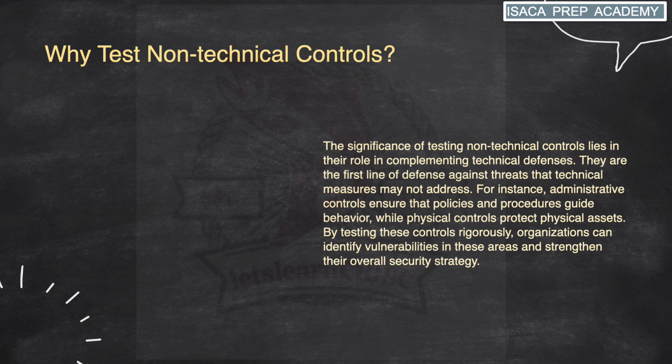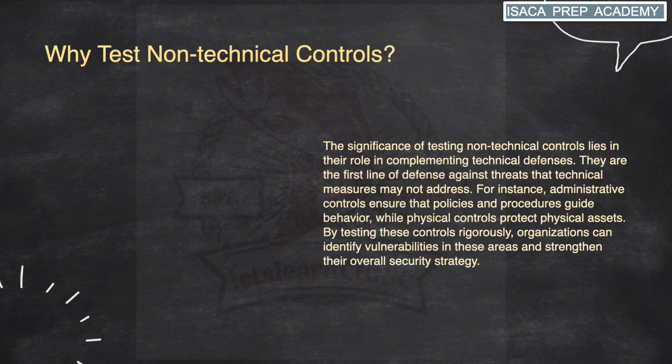Friends, testing physical controls helps organizations to identify weaknesses in physical security infrastructure, evaluate the effectiveness of access control mechanisms, and address vulnerabilities that may compromise physical security.